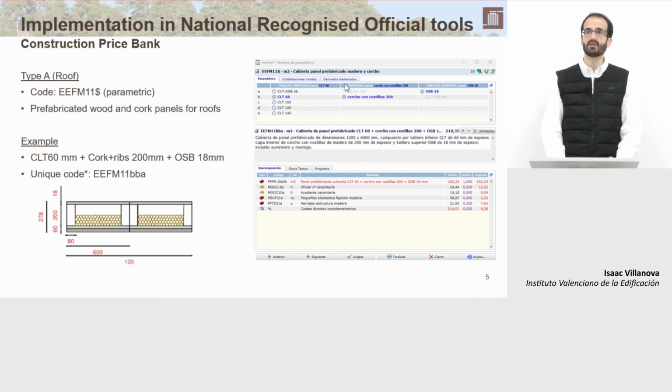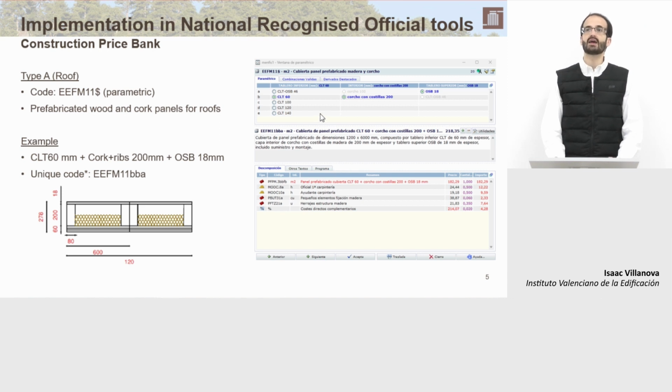So regardless of which path you choose, you have to select in each of the parametric columns the selection corresponding to the solution that you need for your project. In this case, you should choose the CLT 60 millimeters in the first parametric column. In the second column, we choose the cork and the ribs, and in the third column, the OSB of 18 millimeters for the outer layer.